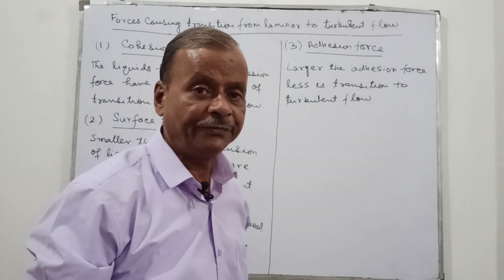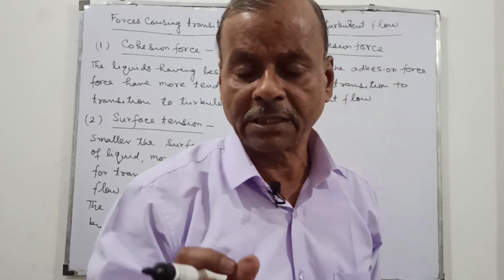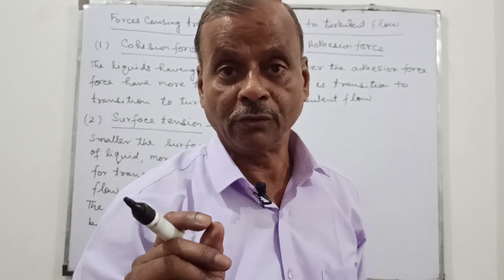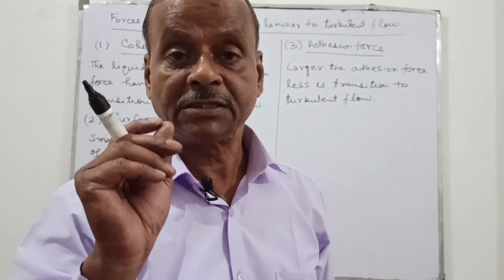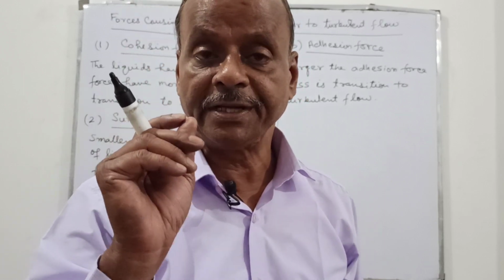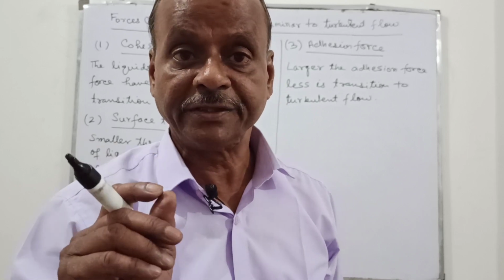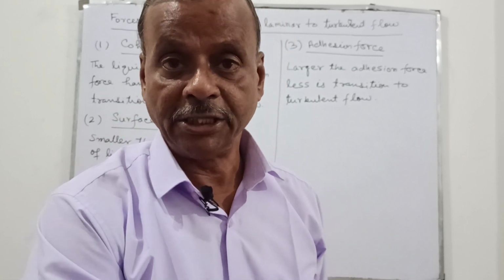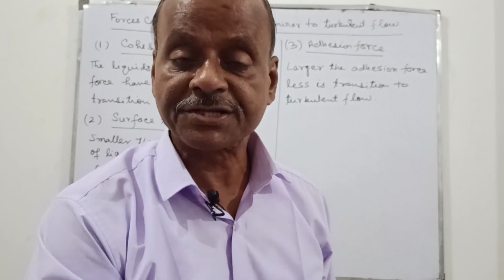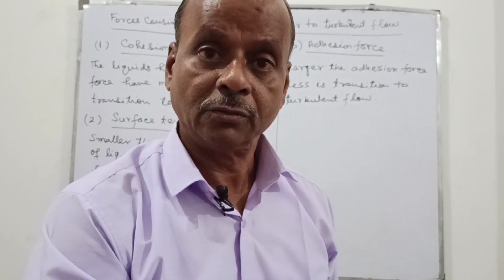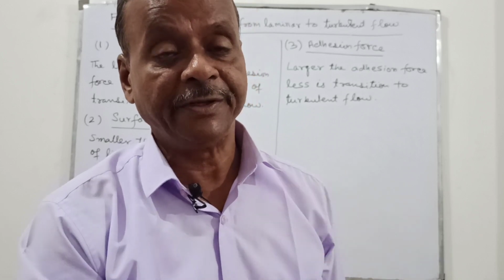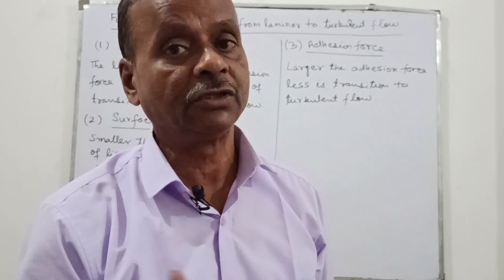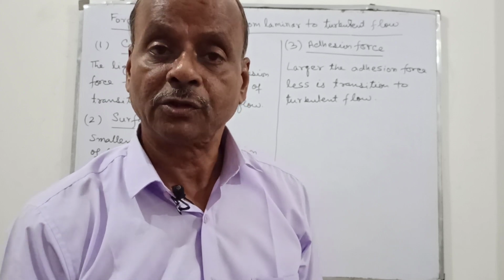We can see that if we take honey, or glycerine, or suppose Fevicol, then these are very thick, or they have very large density. So because of that they have the adhesion property, and these liquids have very less chance of conversion from laminar flow to turbulent flow.